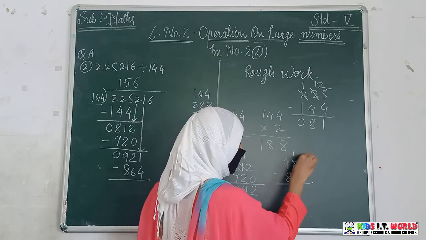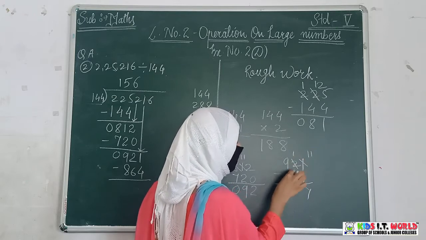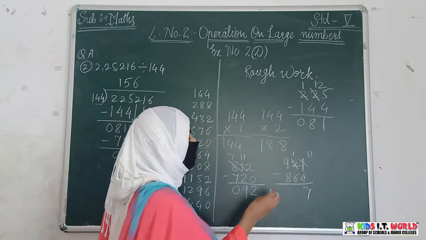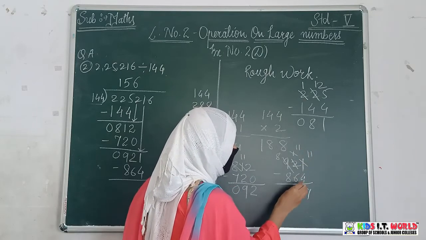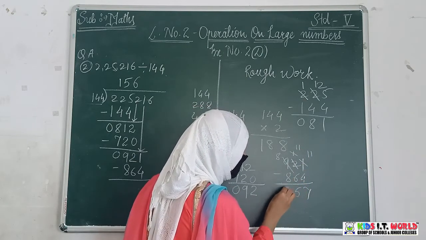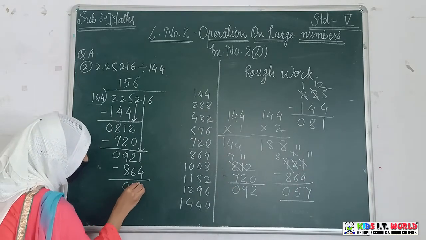It is 11. 11 minus 4 is 7. Again 1 minus 6 is not possible, so we will take from here. It is 8 and it is 11. 11 minus 6 is 5. 8 minus 8 is 0. You got the remainder 57. Write it in this way.